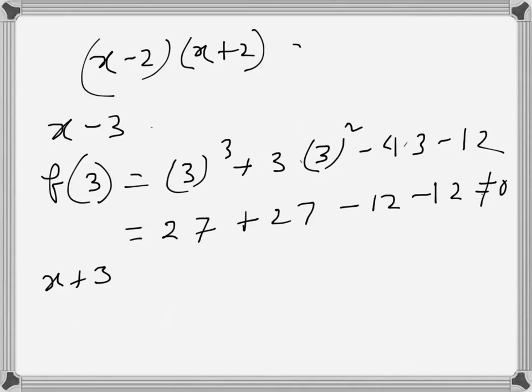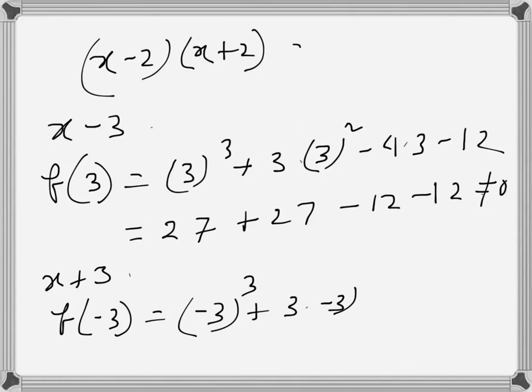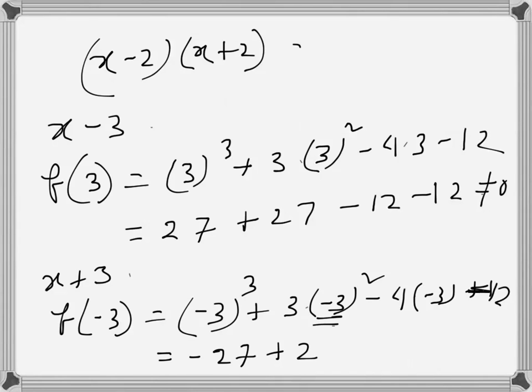Then we can check whether x plus 3 is a factor. So that will be minus 3 there. So minus 3 cube plus 3 times minus 3 square minus 4 times minus 3, minus 12. This one is minus 27, and this is plus 27, because 9 times 3 is plus 27.